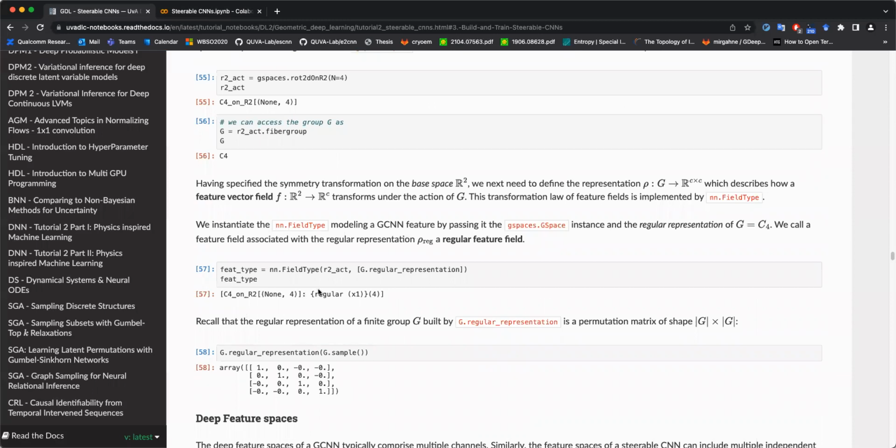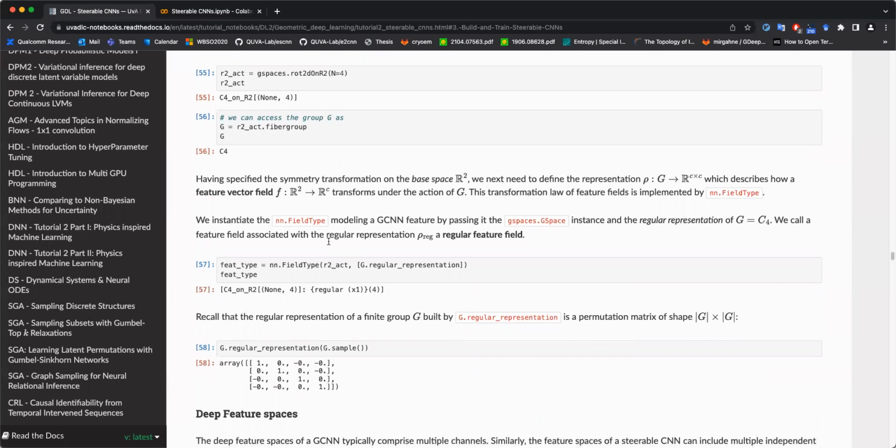Then with respect to a normal PyTorch neural network, instead of working with tensors, we work with basically some geometric tensors. Geometric tensors are just essentially PyTorch tensors which carry some kind of type. To draw some analogy with programming, rather than having variables without types, which is kind of the PyTorch way, we have tensors which carry some type, which defines how these tensors should transform.